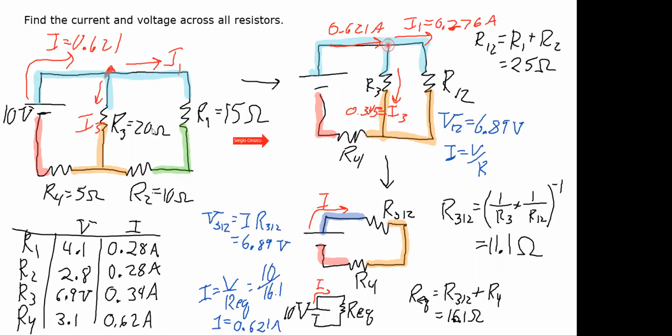It hits this junction, and some of that current goes to the right and some goes down. The current that went down, we calculated, was 0.345 amps. So of the 0.621, 0.345 goes down, and whatever is left over goes to the right. You can see that 0.276 plus 0.345 should give you 0.621.